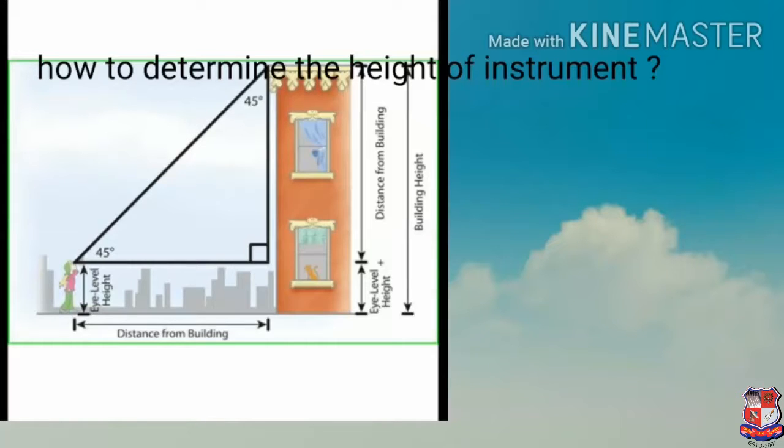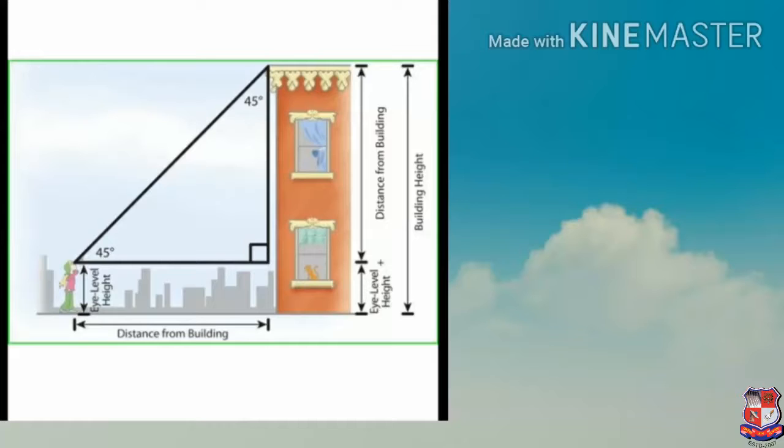The total height, or actual height, of the building is equal to the height of the instrument plus the height which we got from the equation, d into tan theta.